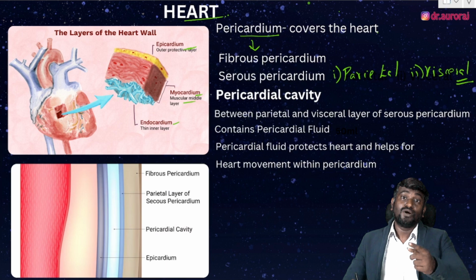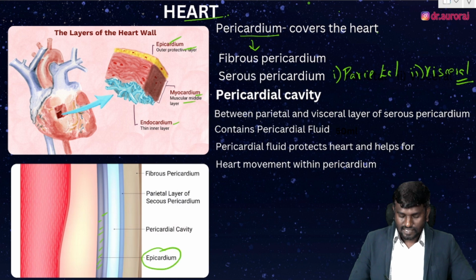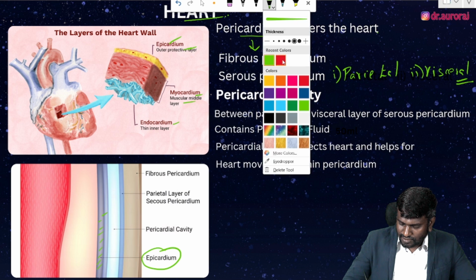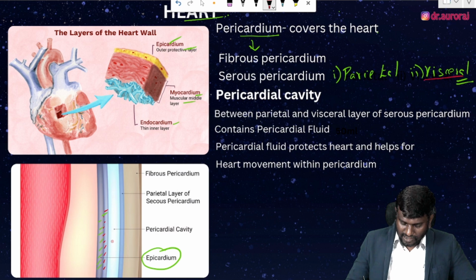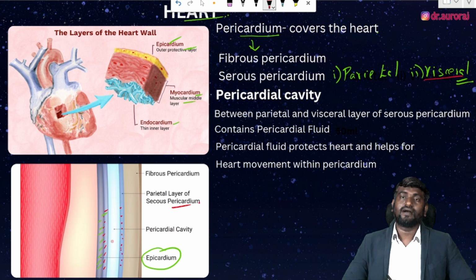Now look at the second image carefully. This region right over here is going to be the epicardium. And this layer, let me change the color, is going to be the visceral serous pericardium, and this one is going to be the parietal layer of the serous pericardium.